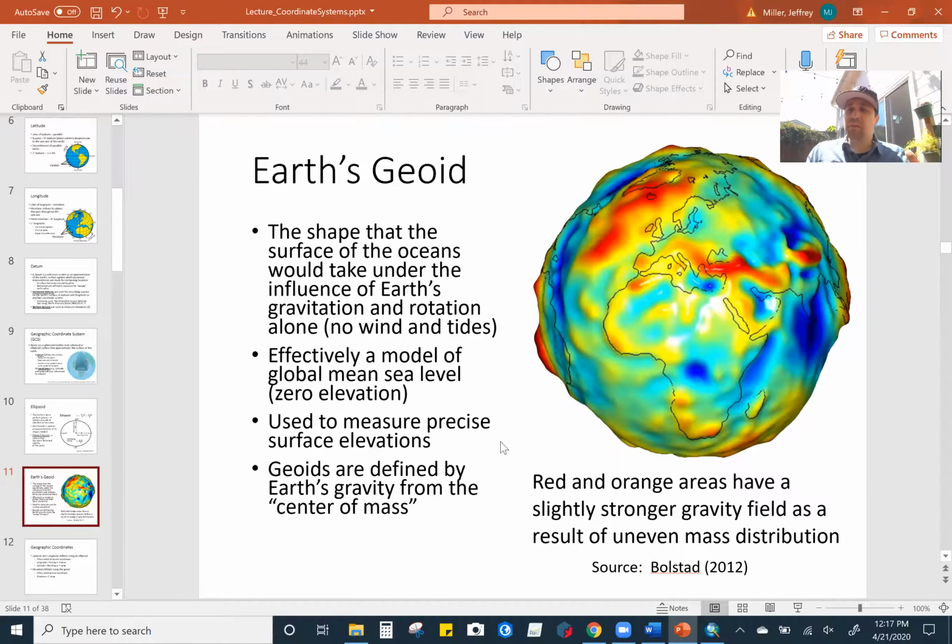But there is a different amount of pull involved, a stronger or weaker amount of pull, okay? And so ultimately what that does is it changes how the Earth's surface would be modeled in its most accurate and most precise, or truest, representation.